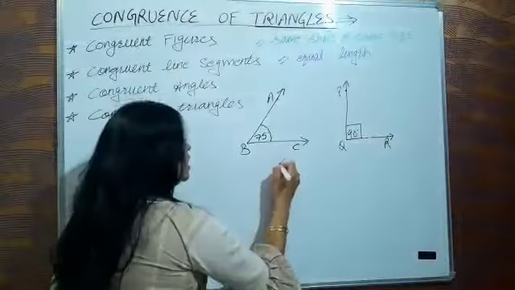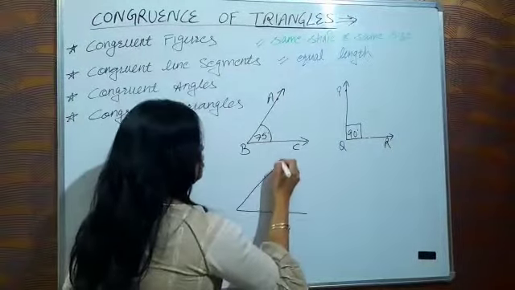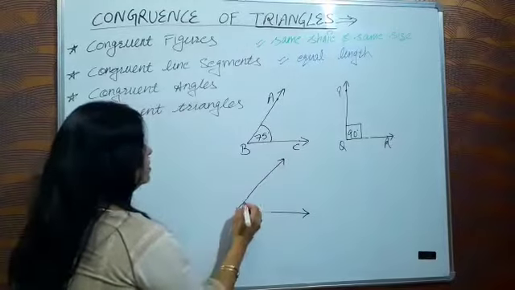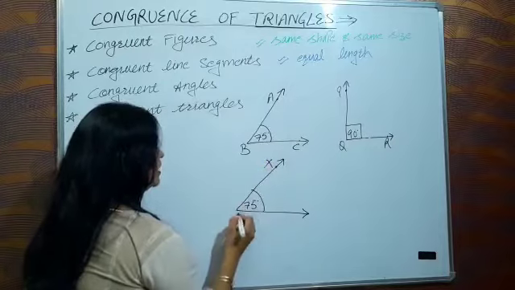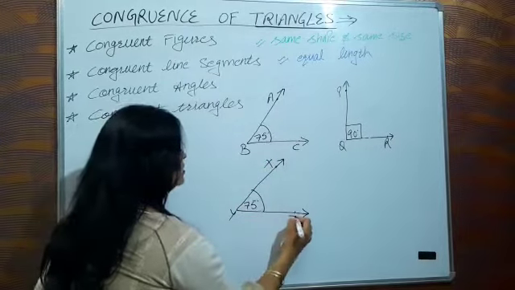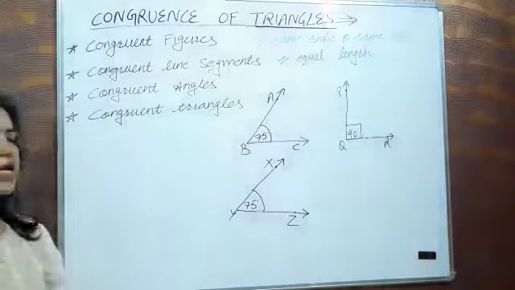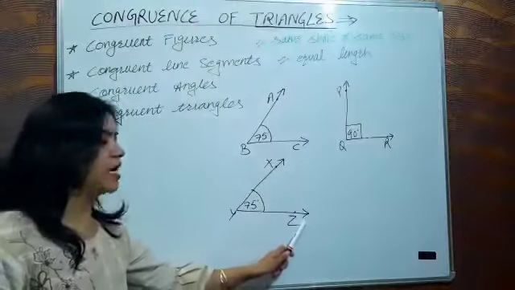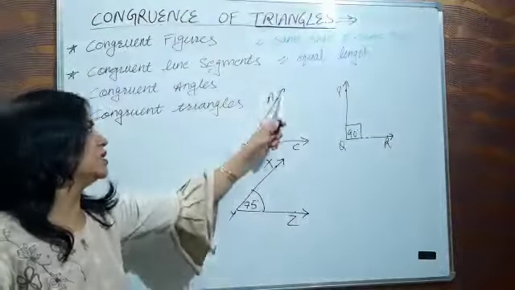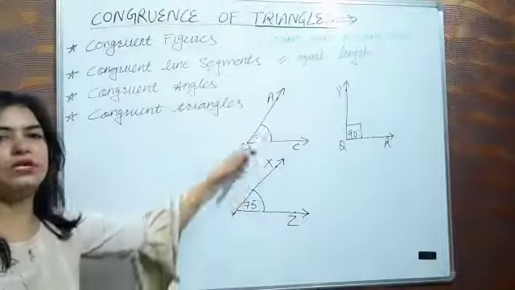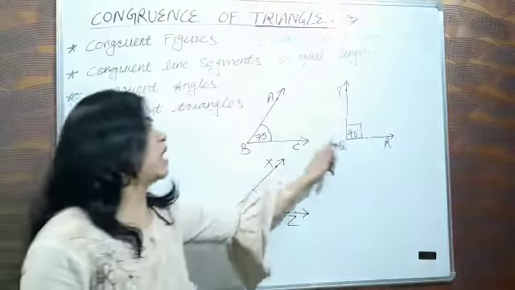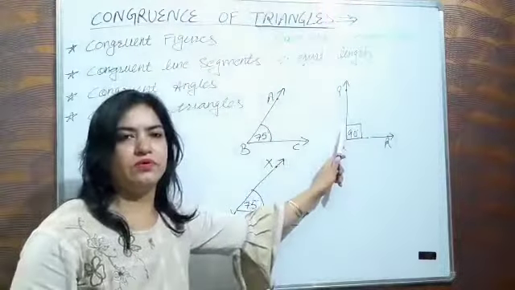But if I draw another angle of same measurement 75 degrees, let it be XYZ. Now this angle XYZ overlaps the angle ABC. These two angles overlap each other, but these two angles do not overlap.